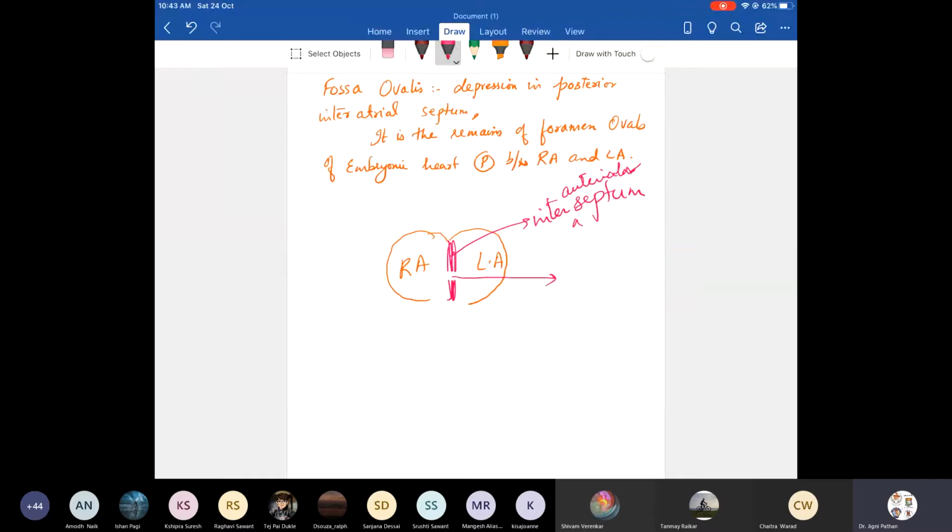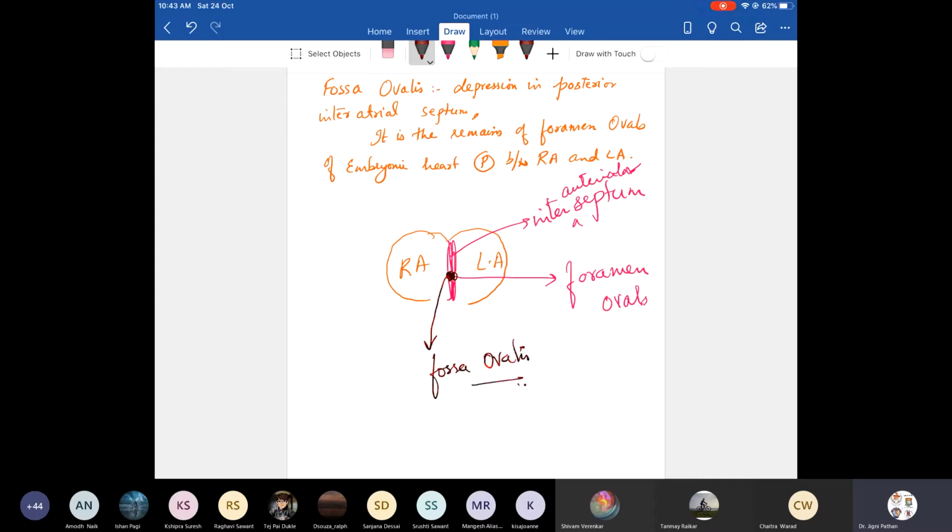This hole is called foramen ovale or ovalis. Clear? After the embryo is born, this foramen is closed. This closed foramen is now called the fossa ovalis.